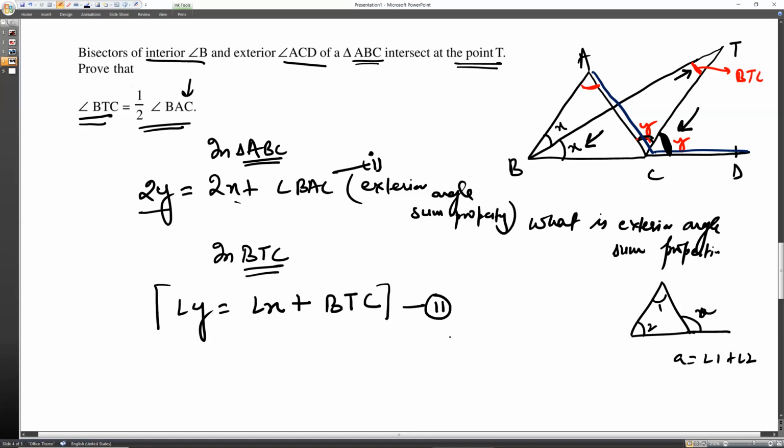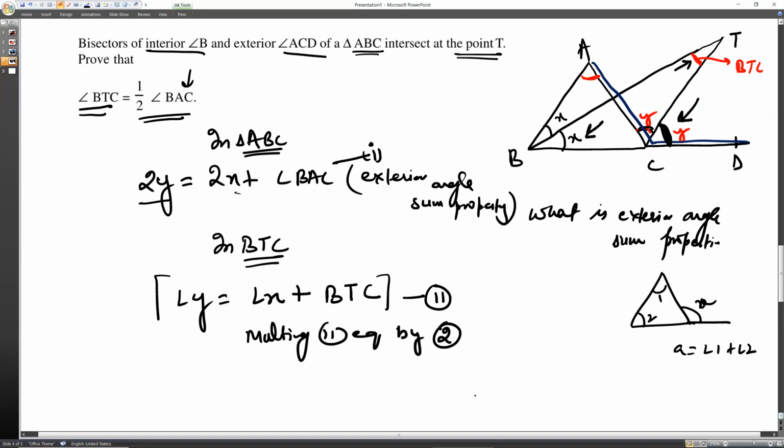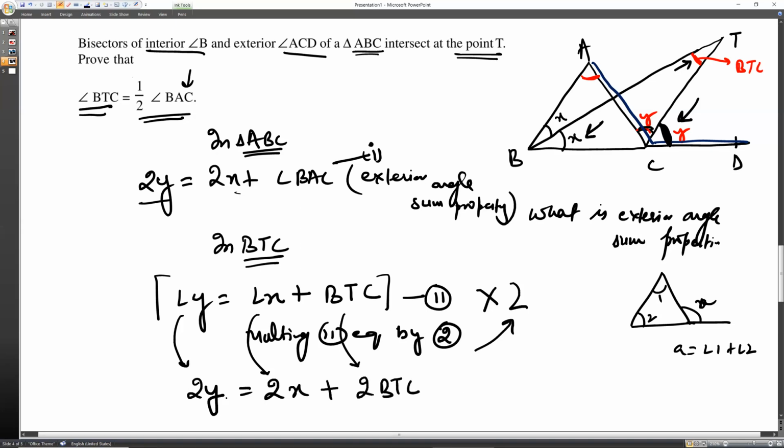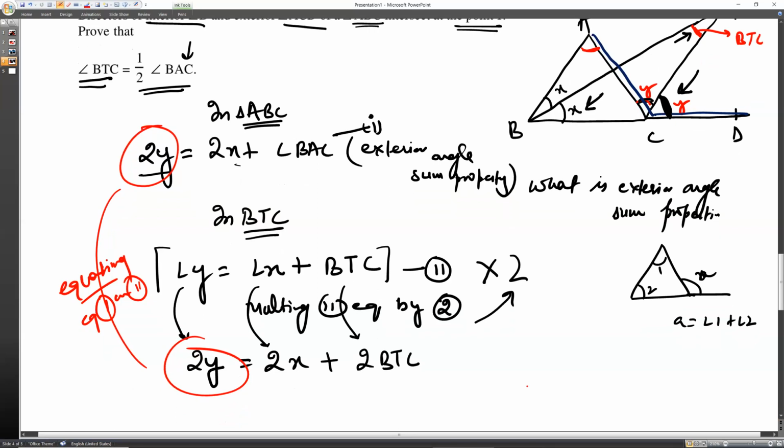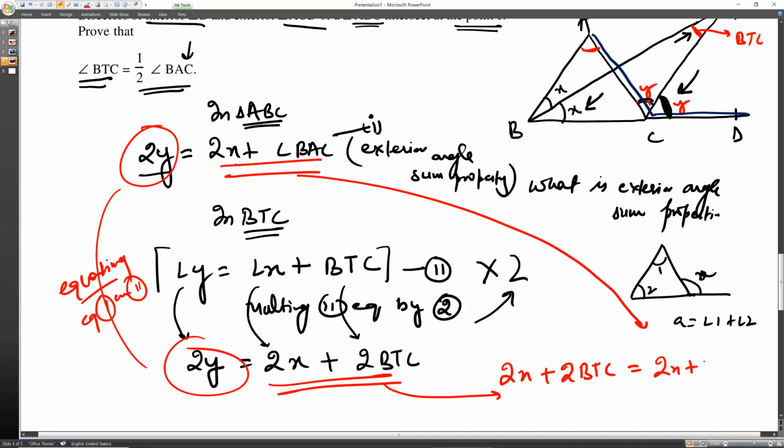So when you multiply the second equation by 2, you will get 2Y equals 2x plus 2BTC. Now this 2Y is also equal to 2x plus angle BAC. Equating equations first and second, 2x plus 2BTC will be equal to 2x plus angle BAC.